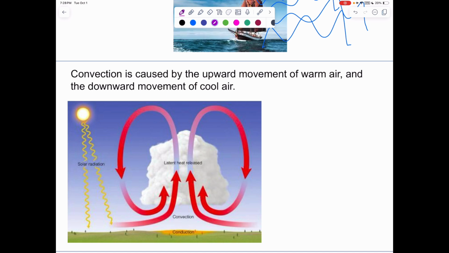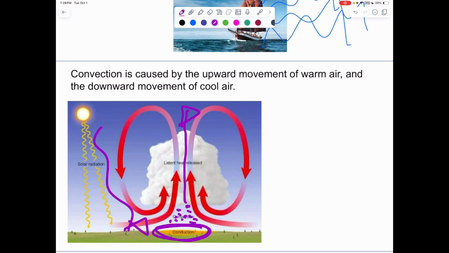So we have learned about convection currents. These happen because the sun hits the ground and creates these warm, uneven spots. Those warm ground areas are going to heat up all the air above them. And as we know, hot, warm air is going to rise.